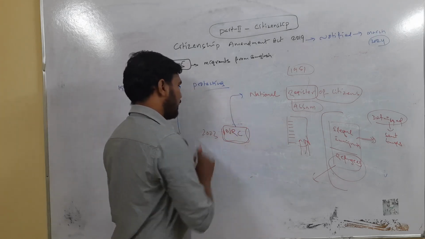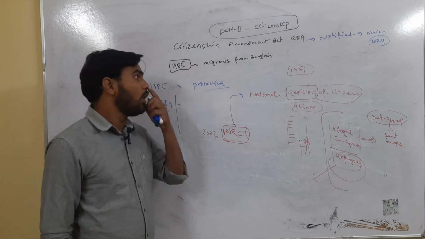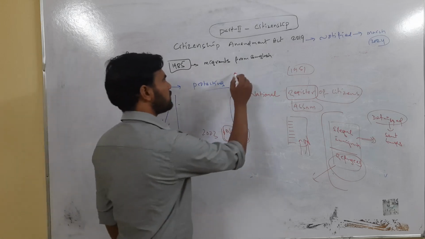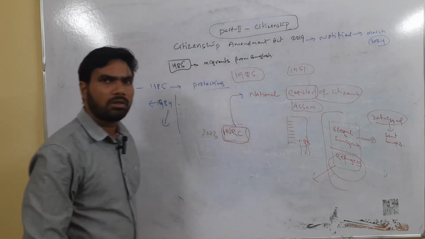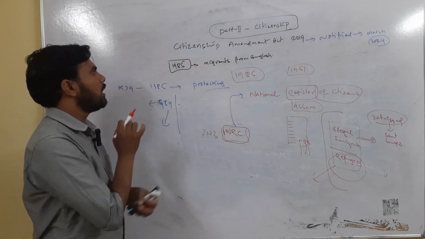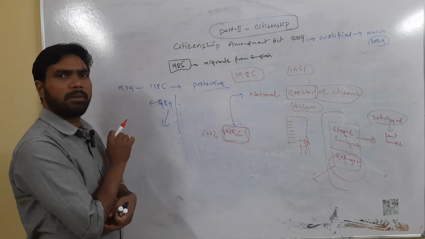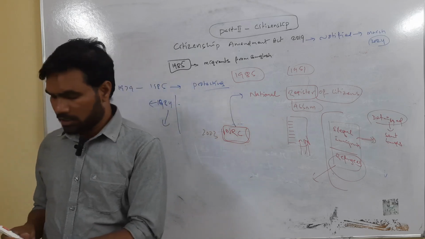So in 2003, the concept of NRC was brought in to further fulfill the promise that was made in 1985 in the Accord. This is the story that happened before the 2019 Citizenship Act. Now we will come to the Citizenship Act.